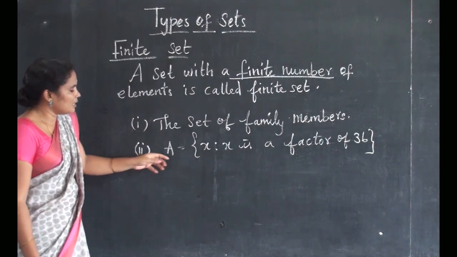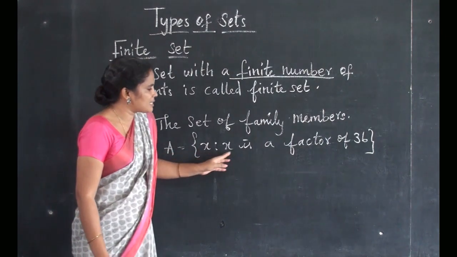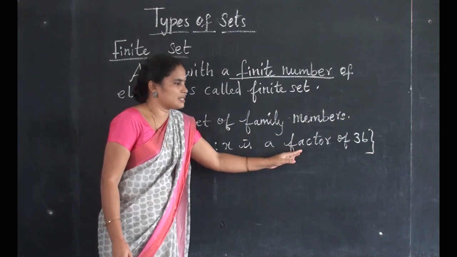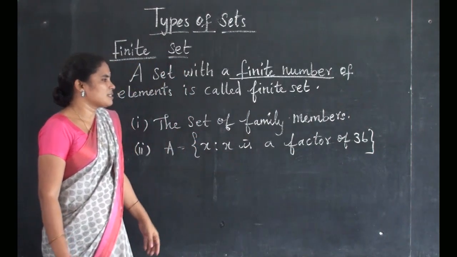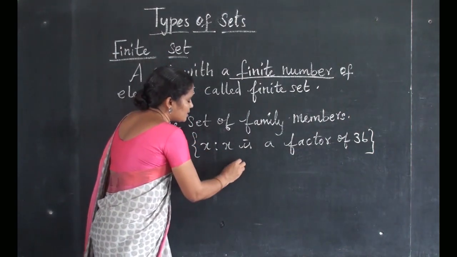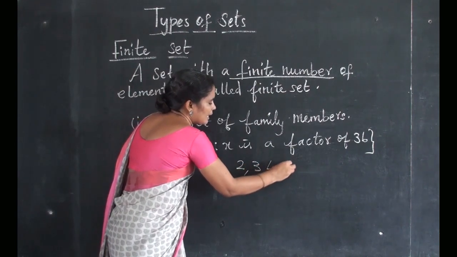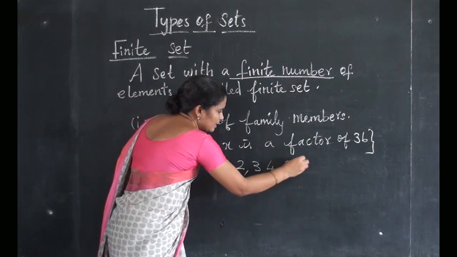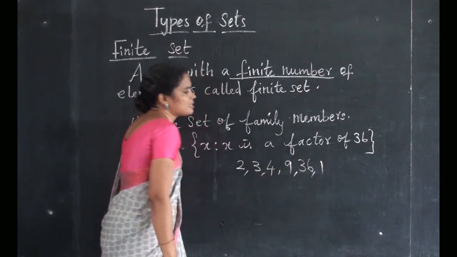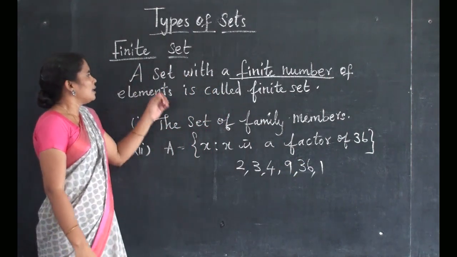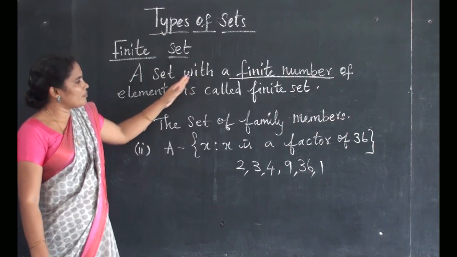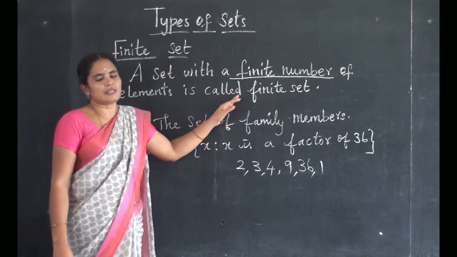And the second one, A is equal to {x such that x is a factor of 36}. The factors of 36 are 1, 2, 3, 4, 9 and even 36. So it is countable. A set with a finite number of elements is called a finite set.